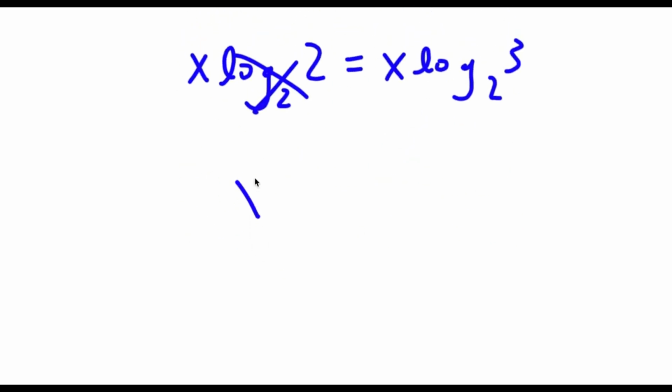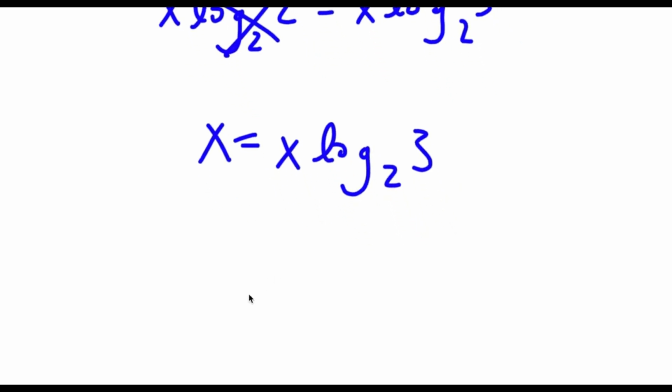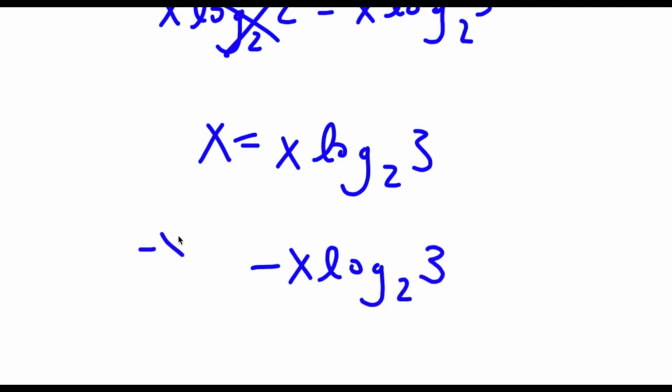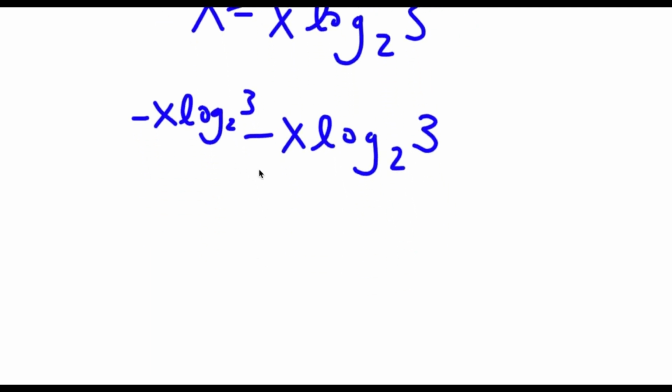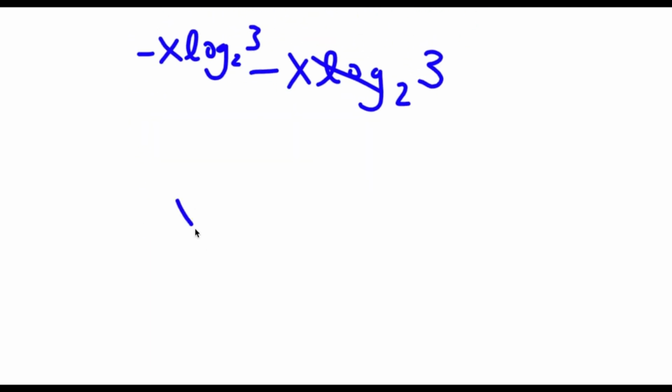So now I have x is equal to x times log base 2 of 3. Now if I subtract x times log base 2 of 3 on both sides, these two cancel out. So x minus x times log base 2 of 3 is equal to 0.